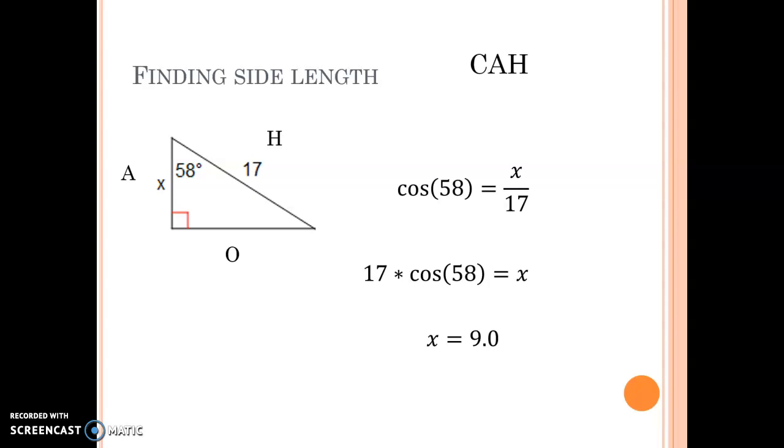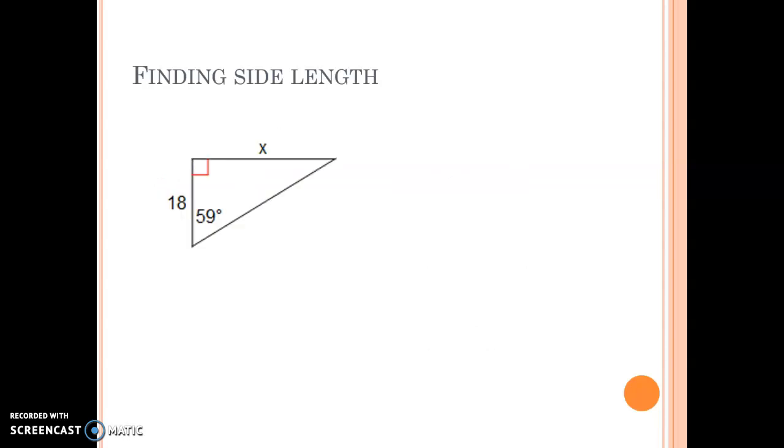So there's one example. I want to give you one more. So the idea here is we have 59 degrees. The opposite is x. The hypotenuse is blank. The adjacent is 18. Since the hypotenuse is blank, we're going to use O and A, which is tangent. And again, just so you can see it, 59 degrees, opposite is x, hypotenuse is blank, and the adjacent is 18.